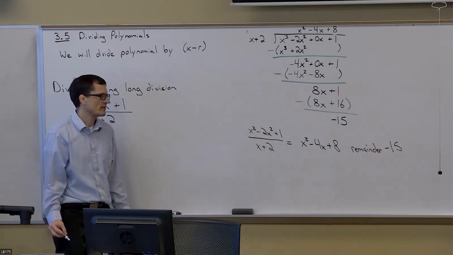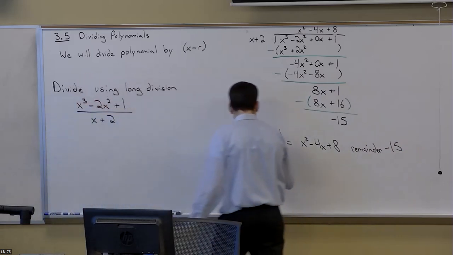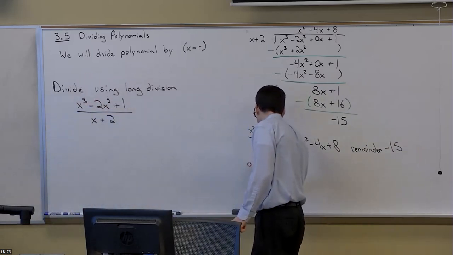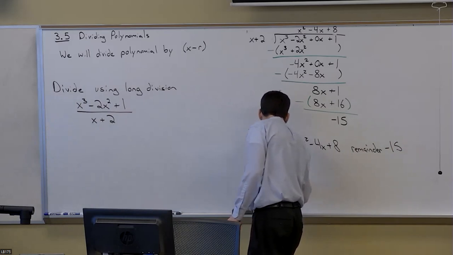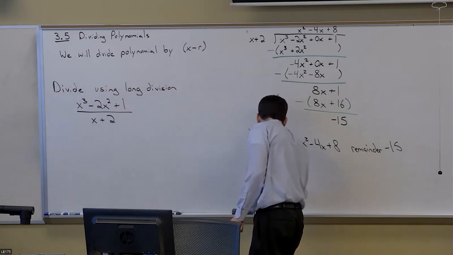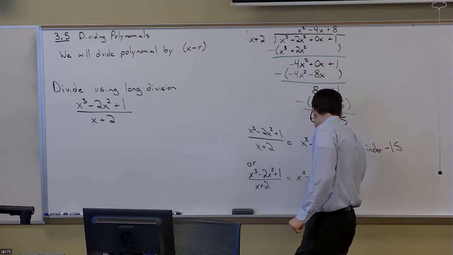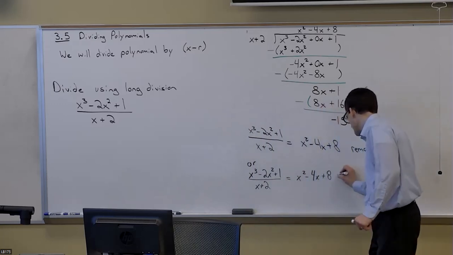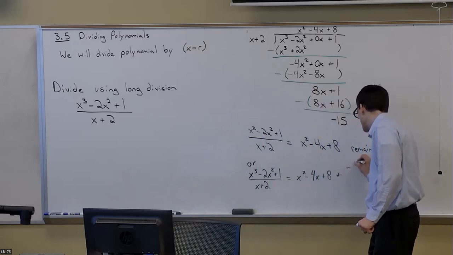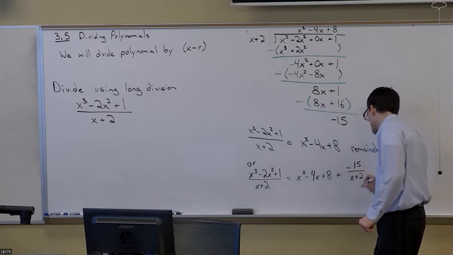You know another way to write that? Another way to write this, instead of writing a remainder, is to say this is like plus negative 15 over x plus 2.